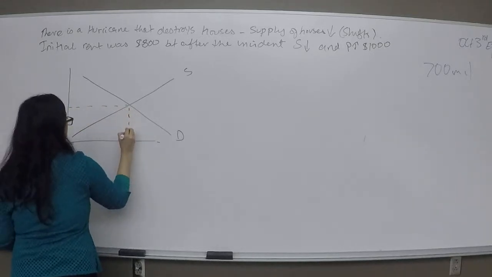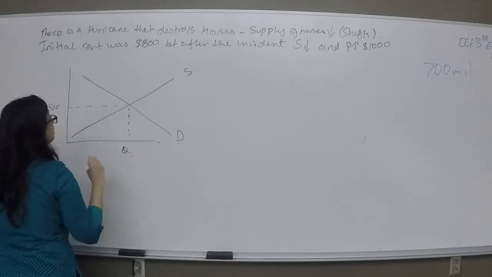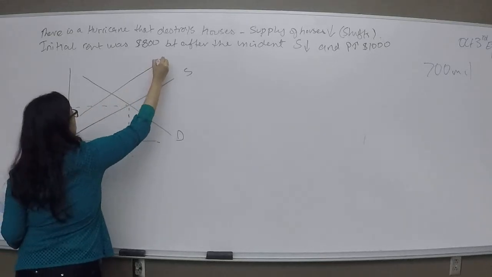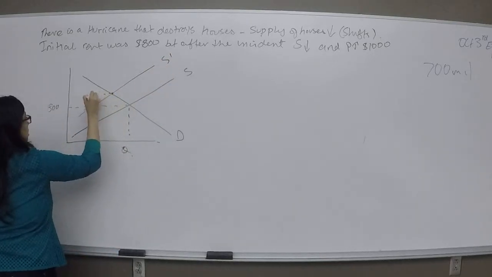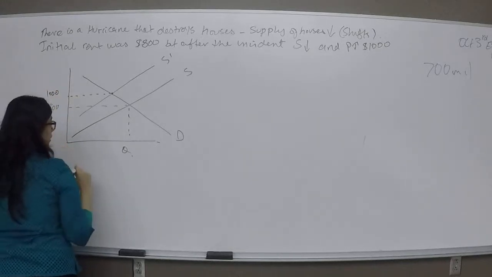So initially rent was 800. This was your quantity. Supply decreased. Rent became $1,000.